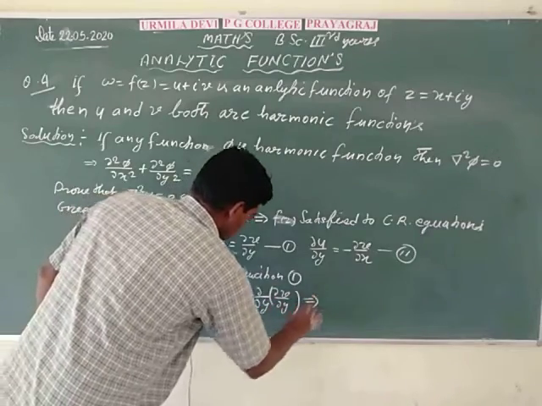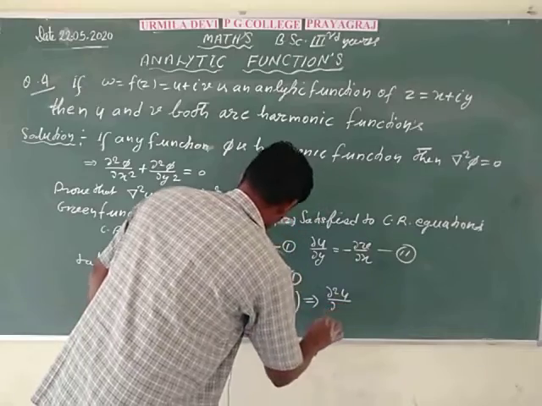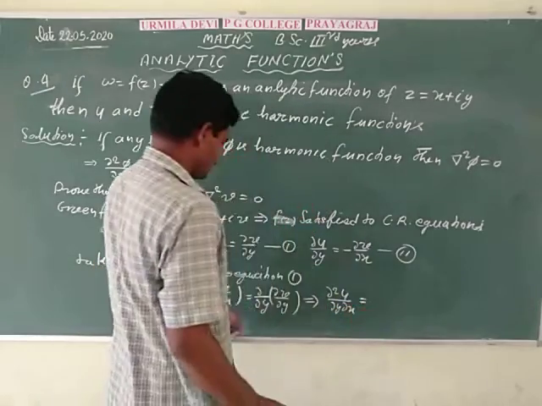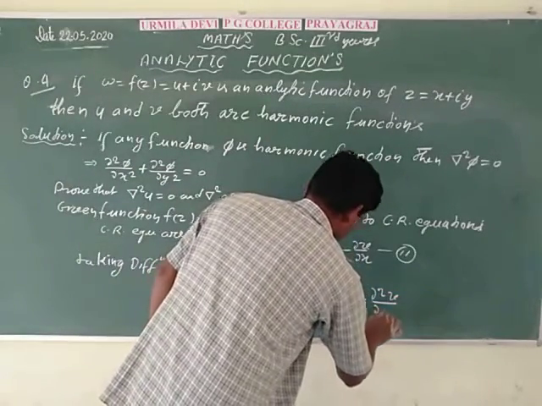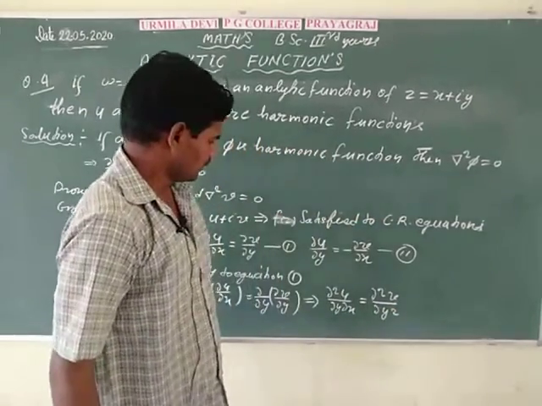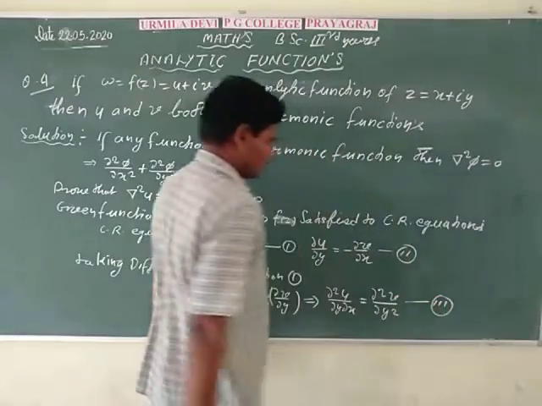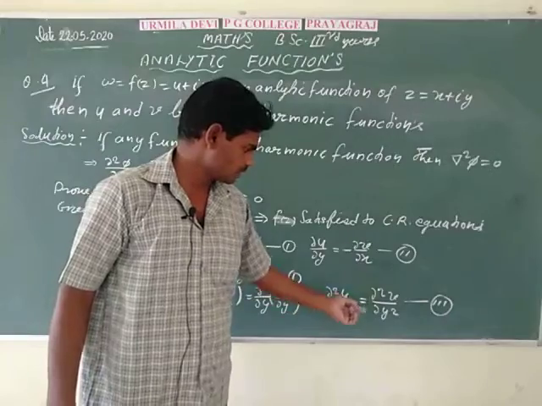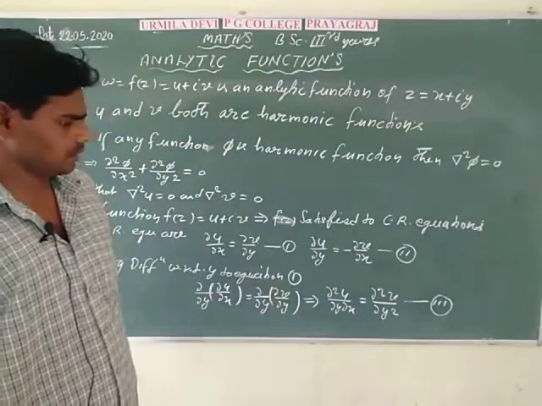It implies that del square u by del y del x is equal to del square v by del y square. This is considered equation third. So in equation third, del square u by del y del x is equal to del square v by del y square.